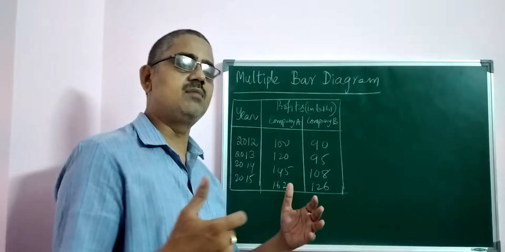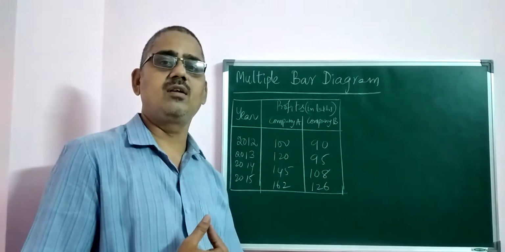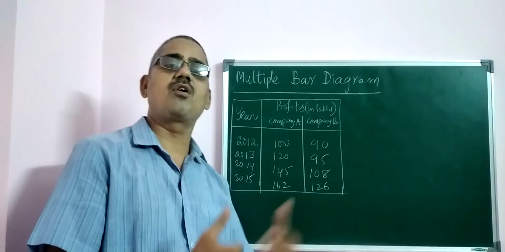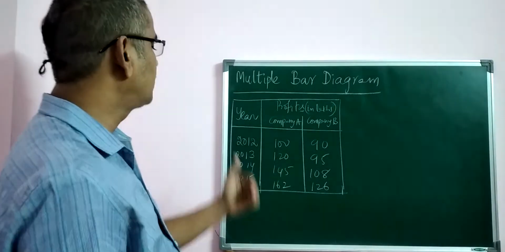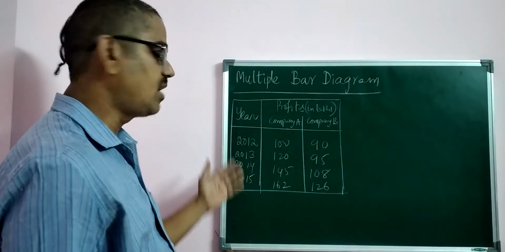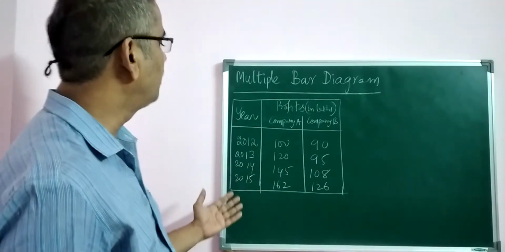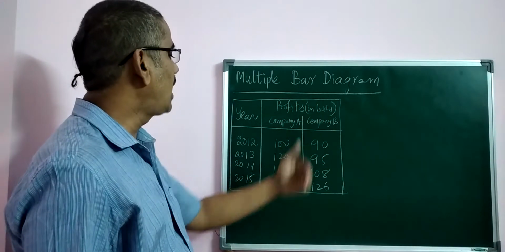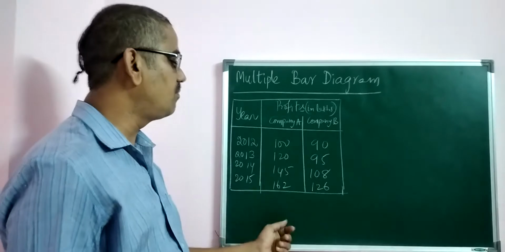I have represented a simple bar diagram vertically. Now I represent horizontally. This is one such example. Different time periods, years, have been given, and profits in lakhs of rupees for company A and company B, two companies.